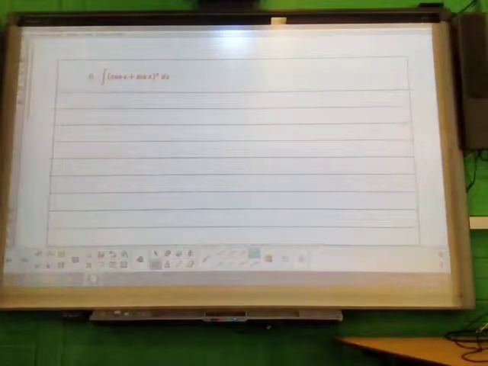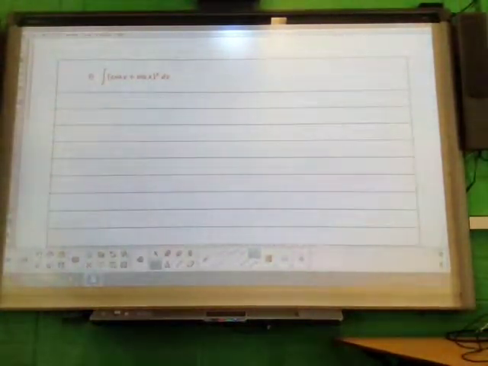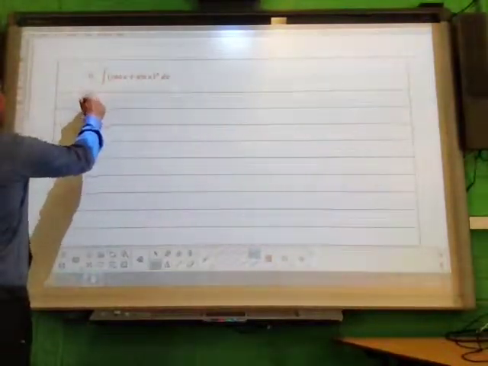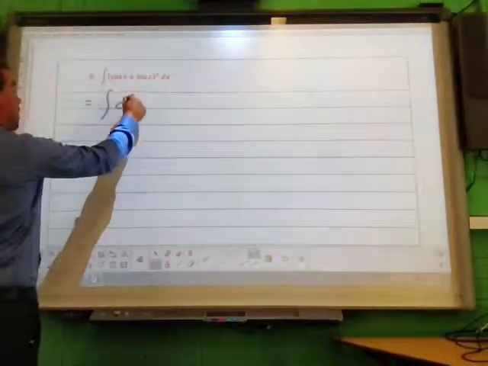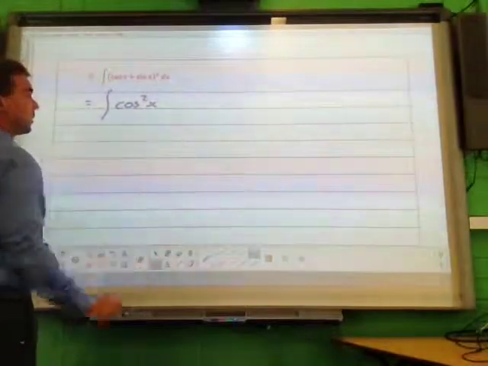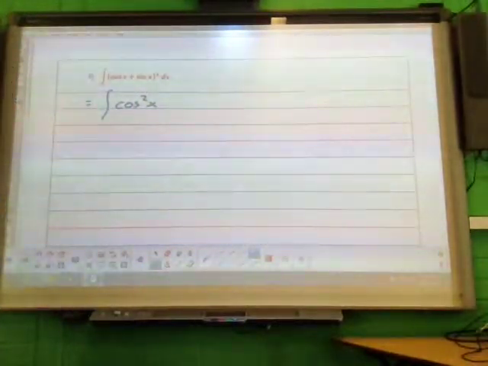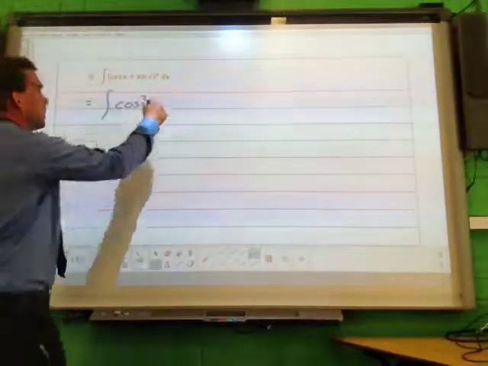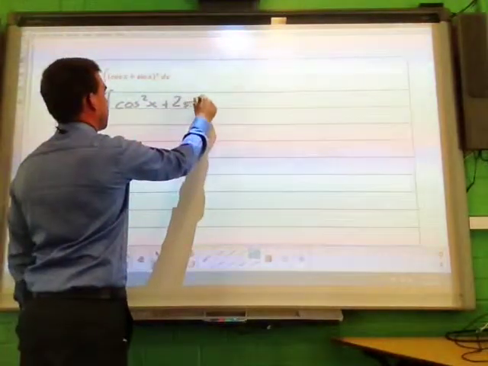What's the first process you need to do to integrate? Get rid of the squared. How? Bring it in. Expanding there. Right. What's after that?